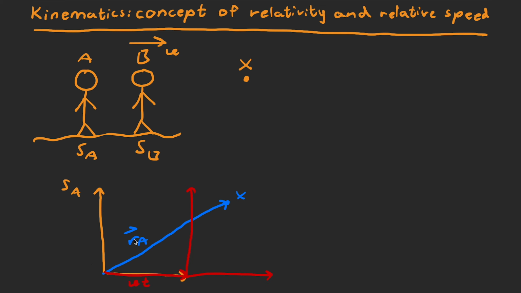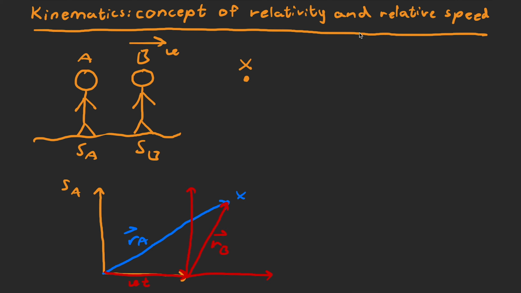And it will be shifting more and more to the right relative to A as more time progresses, which will result in a different distance vector to x, which we will call RB.